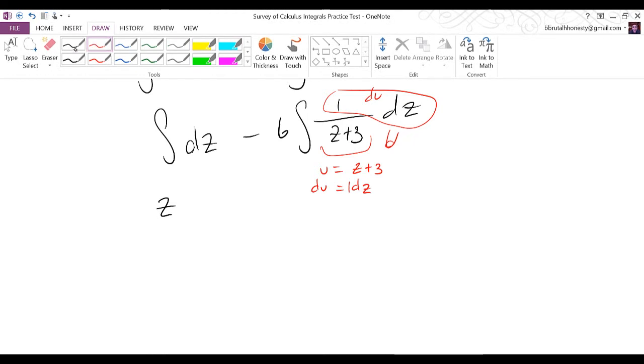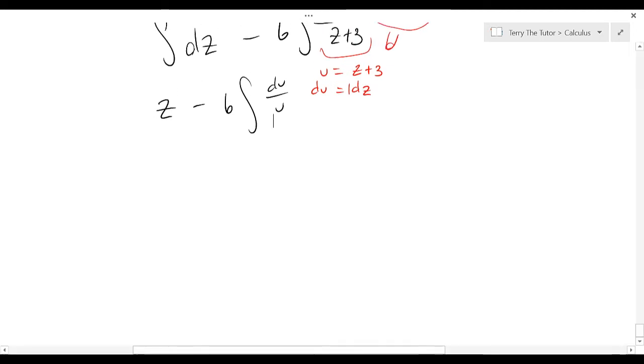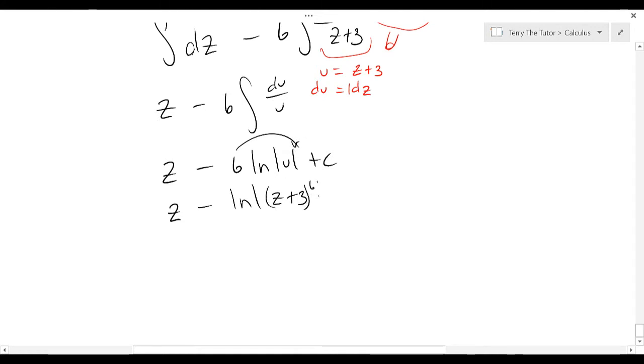Awesome. So I've got z minus 6 times the integral of du over u, which is our natural log. So we've got z minus 6 natural log of the absolute value of u plus c, or z minus the natural log of z plus 3, with that 6 brought up to the exponent, to the 6th.